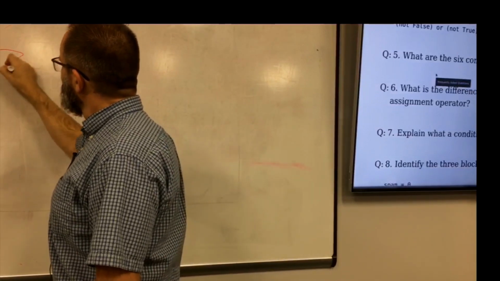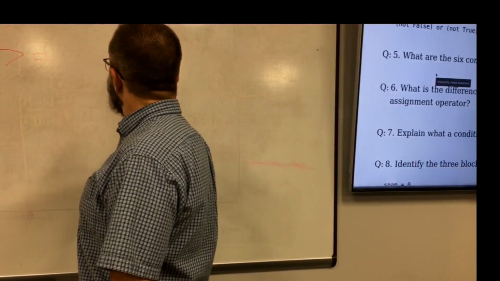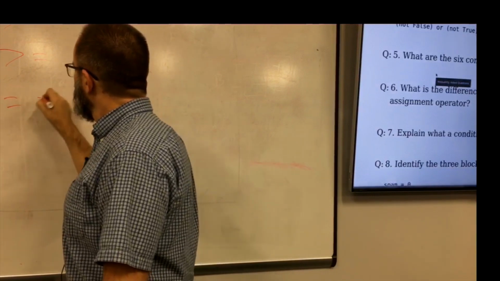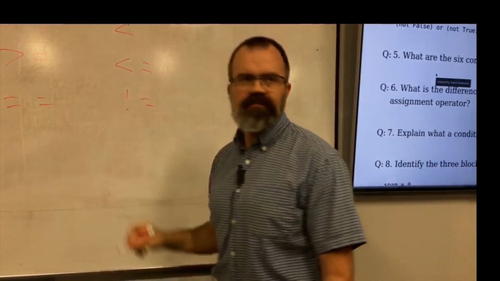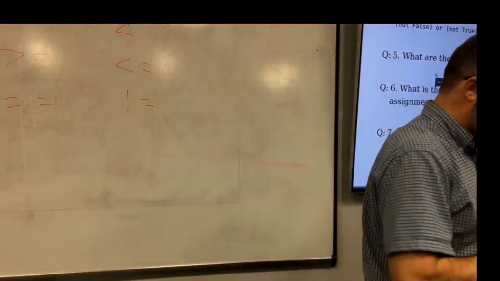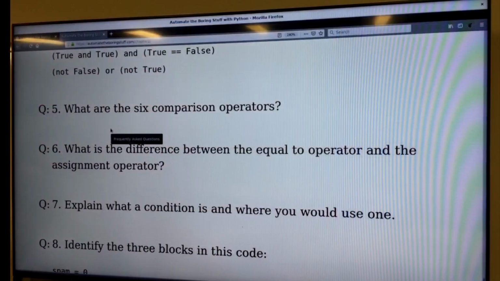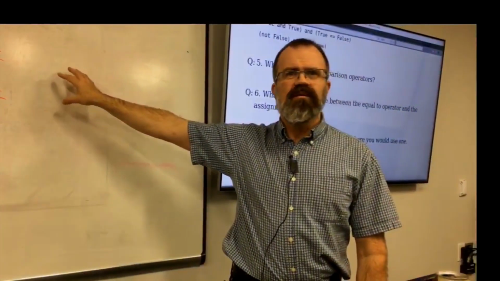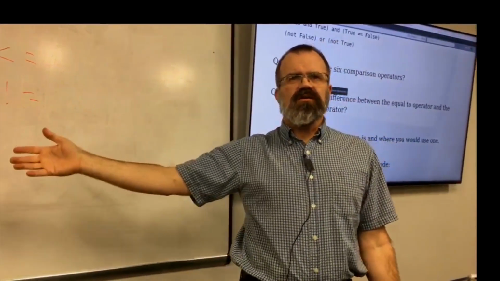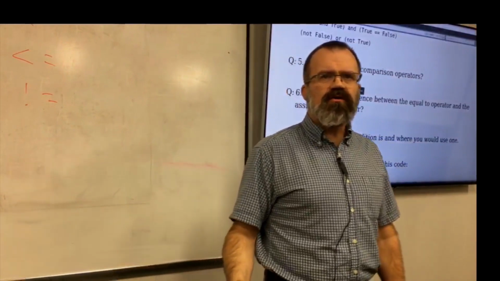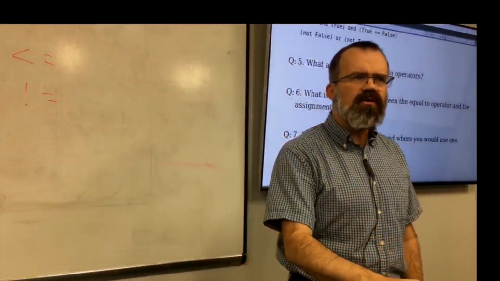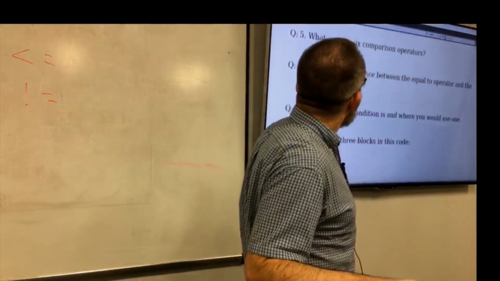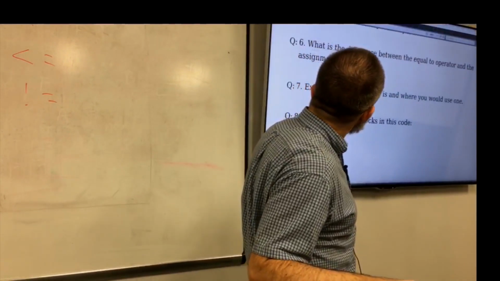Greater than or equal, less than or equal, equals, and not equals, right? Why can't you use these on Booleans? Yeah, there's no such thing. True is not inherently greater than false. It's just the only other value.